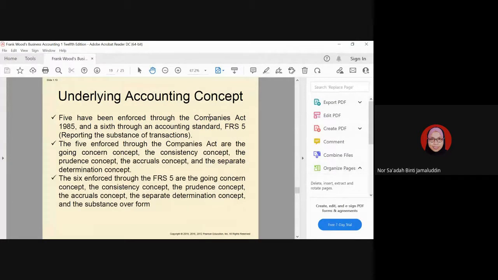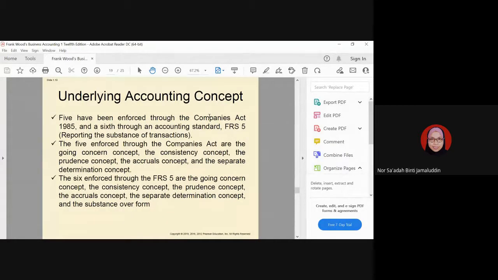The 5 of the 6 are the same as the Companies Act, but in FRS 5 we have an additional accounting concept, which is the substance of transaction.